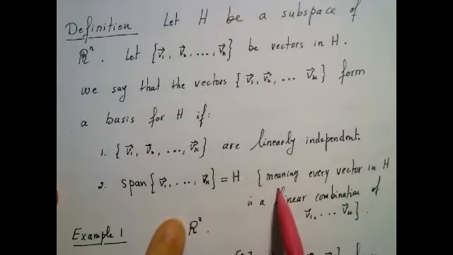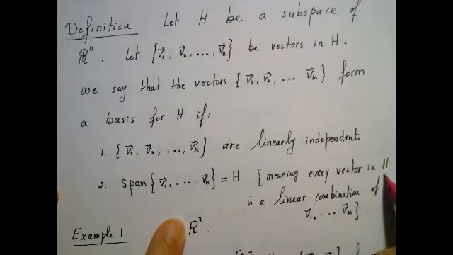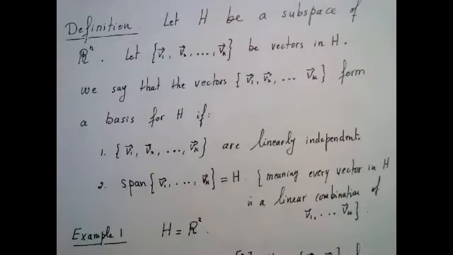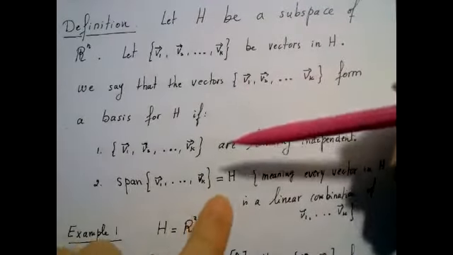Then the span equal to H means that every vector in H is a linear combination of V1 through Vk. So if we have a subspace and a bunch of vectors in it, we call them a basis if the following conditions are satisfied.